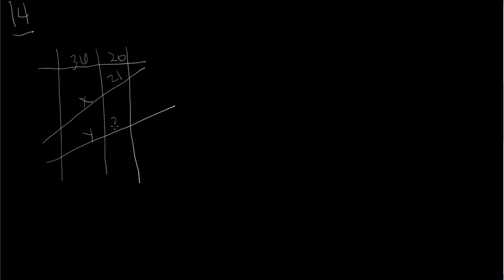Again, we're going to compare things that look the same or in the same spot. So if I can make a ratio between this column and this column, I'm going to do it. I'm going to make this one 36 over 20, left over right. And I'm going to make that equal to my next transversal, left over right, x over 21.